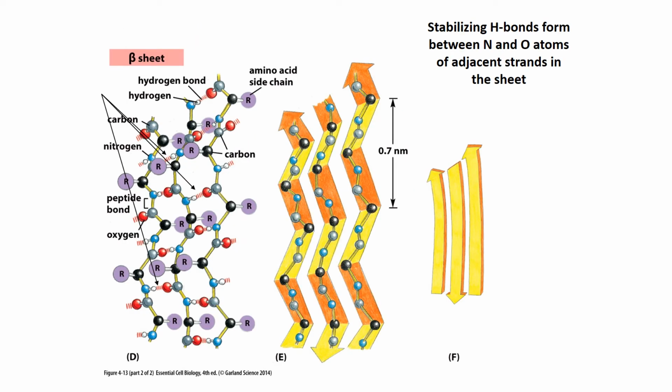If we turn our attention now to the beta sheets, what we can see is that a beta sheet consists of strands of amino acids that loop back adjacent to one another, and the hydrogen bonds that form between backbone nitrogens and oxygens stabilize the interactions between adjacent strands.